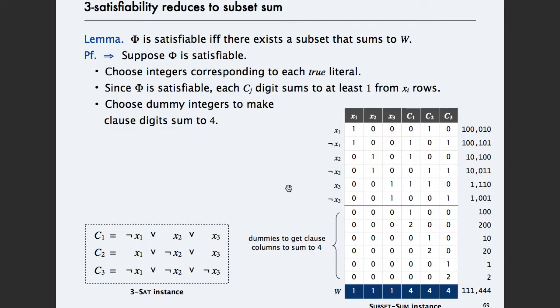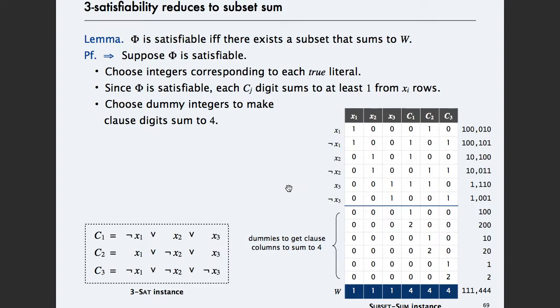Cool. Now, what I really want to require for the clauses is that at least one of these ones is chosen, right? So what I want is the sum to be either 1 or 2 or 3, if you just look at the ones above.